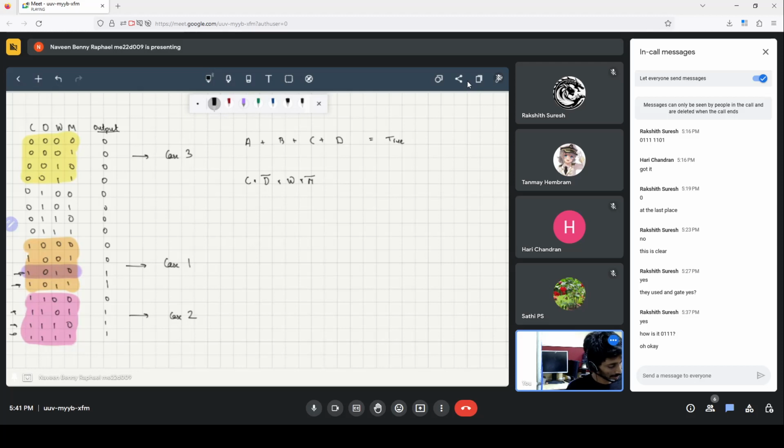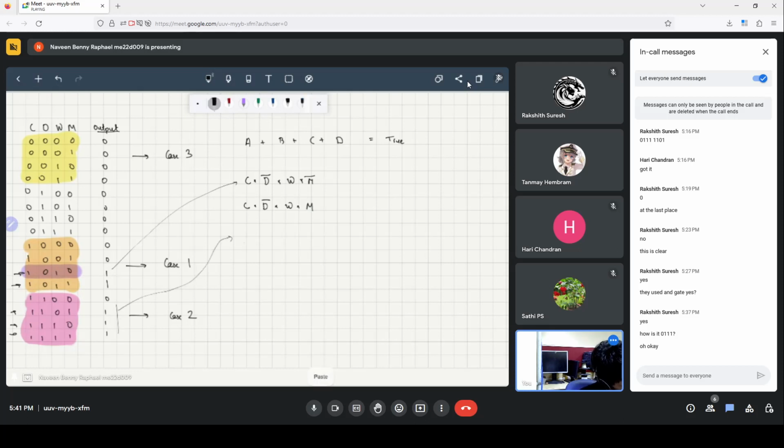Okay, so similarly, the next one is C multiplied by D negation multiplied by W multiplied by M. And we'll include the other 3 also.